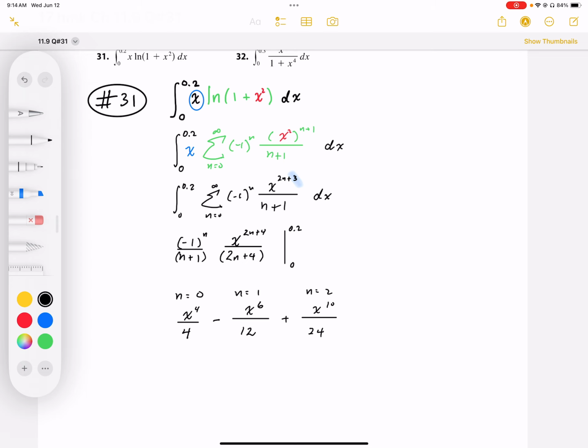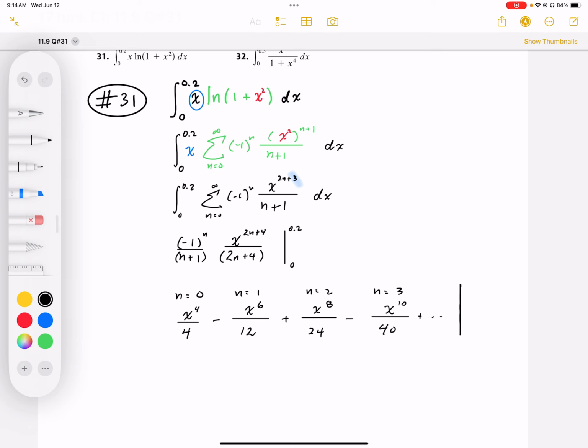Oops, I think I've got this one wrong here. This one is 8. So that's x to the power of 8 over 24, minus, when n is equal to 3, in the numerator it's going to be x to the power 3 times 2 plus 4, which is 10. This becomes x to the power 10, and in the denominator, we're going to have 3 plus 1 is 4 times 10, so it's going to be 40. And we can do more.